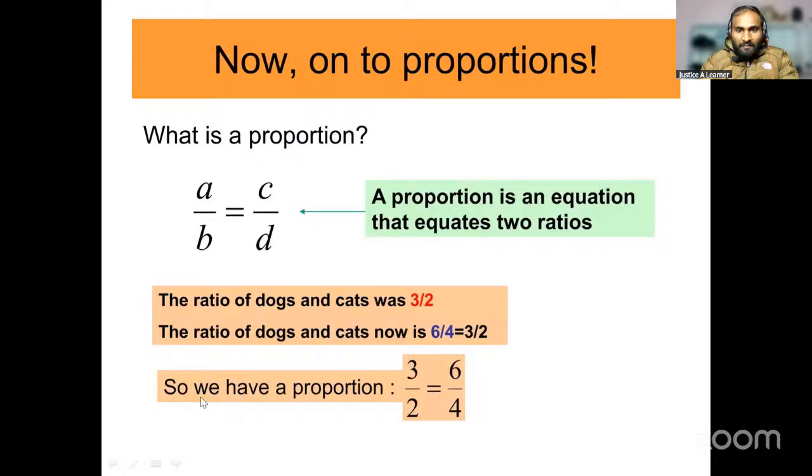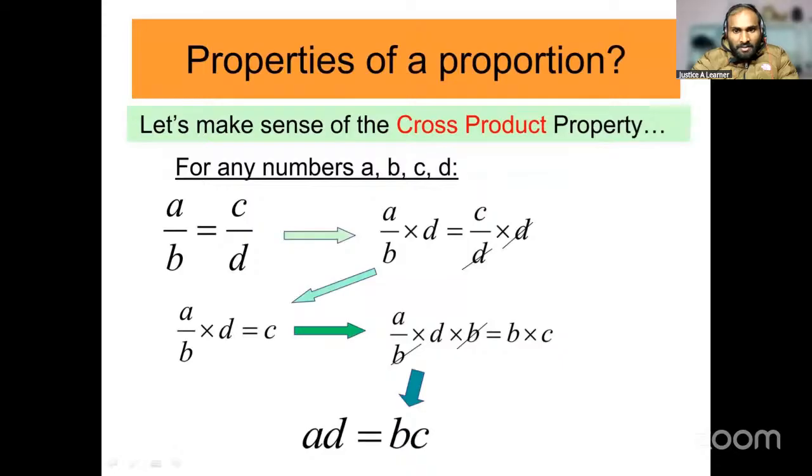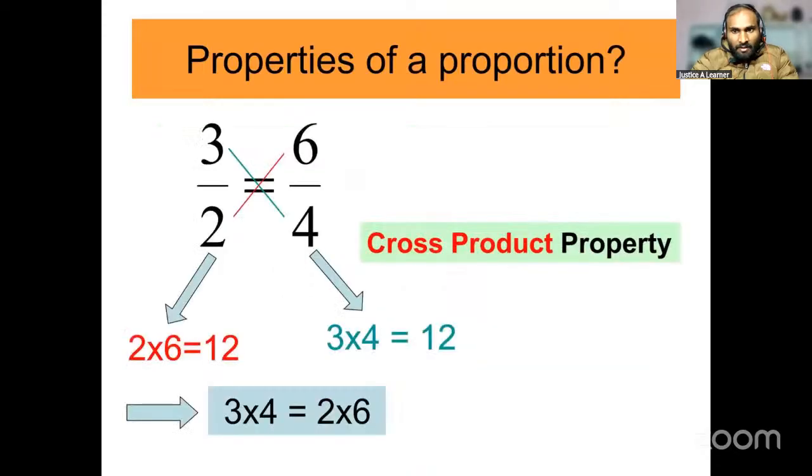So this is something to do with proportion. When we are saying proportion, we are going to use different symbols, but before that we are going to understand the properties of proportion. So when we do cross multiplication, what do we find? Do we find equal data or not? Do cross multiplication. 6 multiplied by 2 is equal to 12, right?